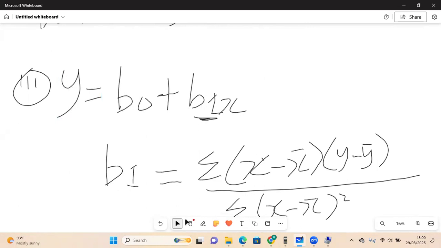So that's the same thing here. Now we've gotten B1, and we are coming to look for B0.